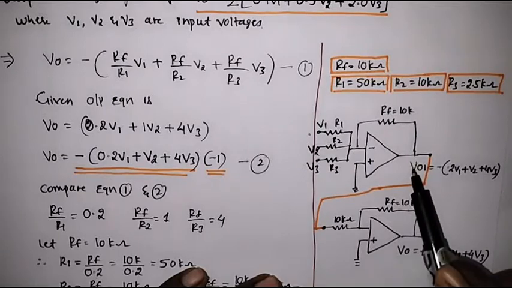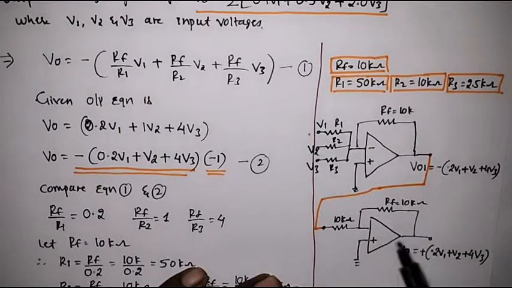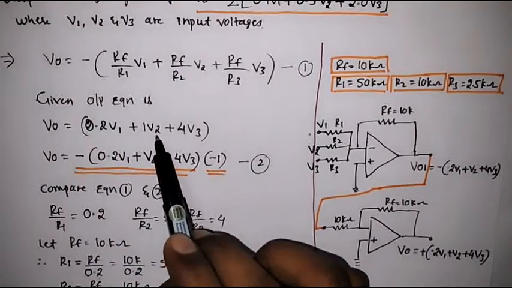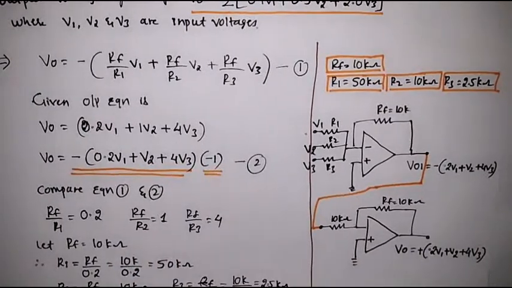So when we multiply this output with minus 1, we'll get the output as VO equal to 0.2 V1 plus 1 V2 plus 4 V3. This is the solution for the given problem. Thank you for watching.